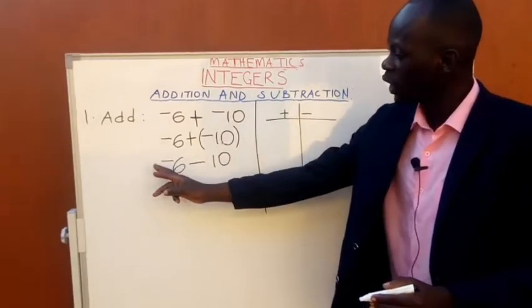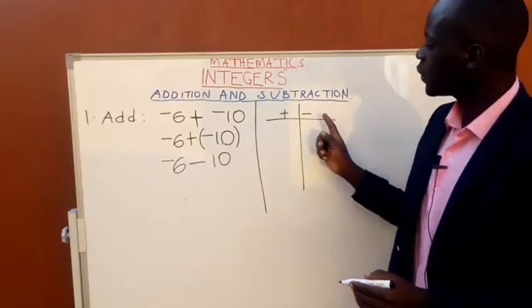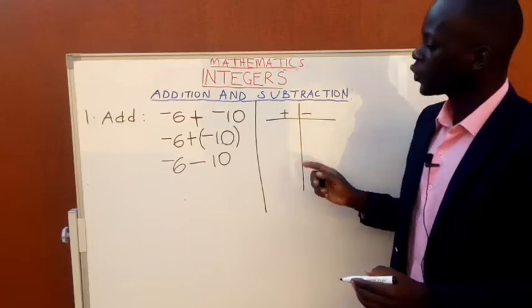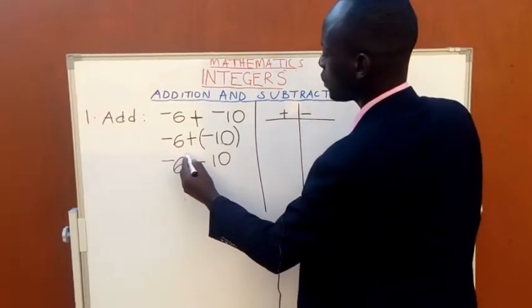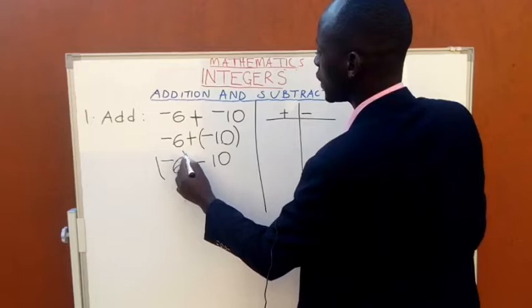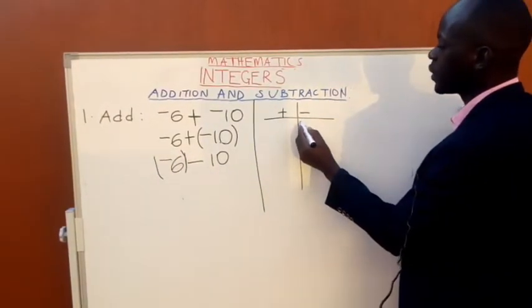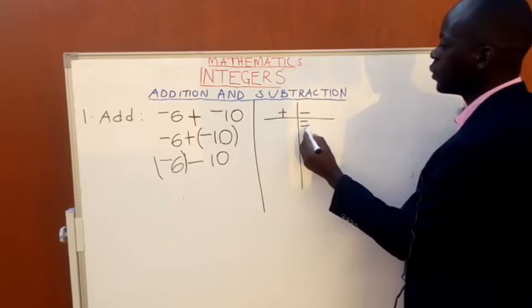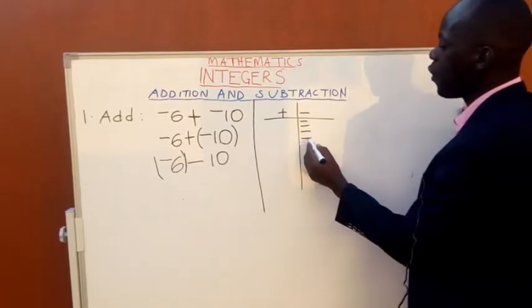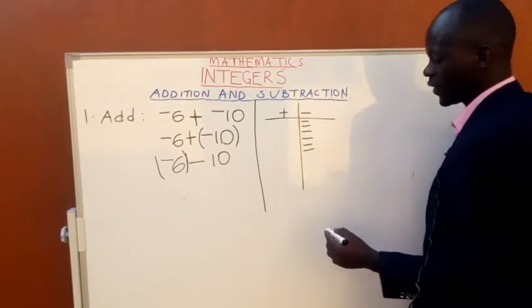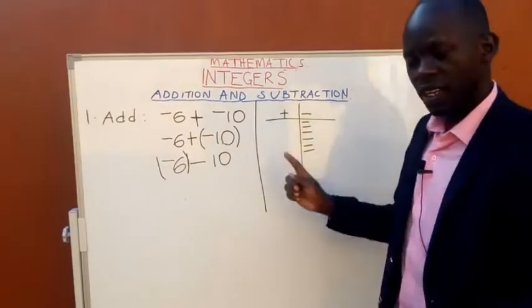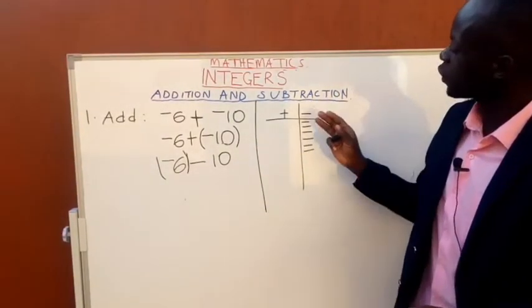If this is a positive 6, you align it here. If it's a negative 6, you align it here. So the first one here is negative 6, so you put it under negatives. 1, 2, 3, 4, 5, 6. Under the negative sign, this is what you call a mind map.